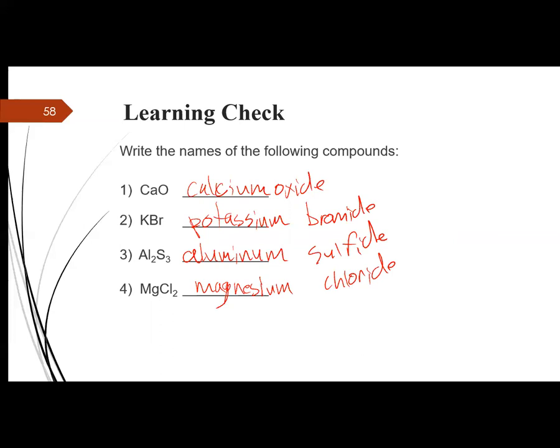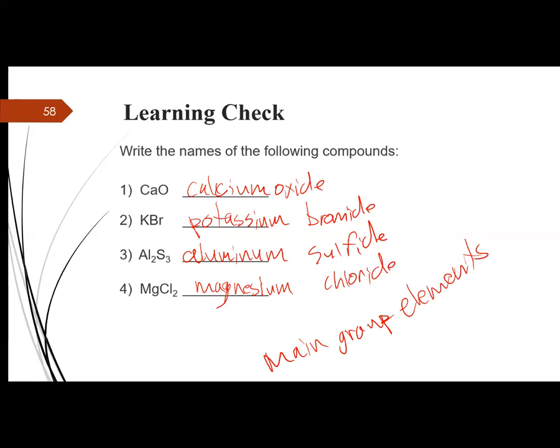But so far, we've been getting lucky. And the reason we've been getting lucky is that with our metals, what you might not have noticed is the only metals I've given you so far have been our main group elements. Now, our main group elements, we know what ion charge they should be making based on where they're positioned on the periodic table, which we talked about in the last video. Right?